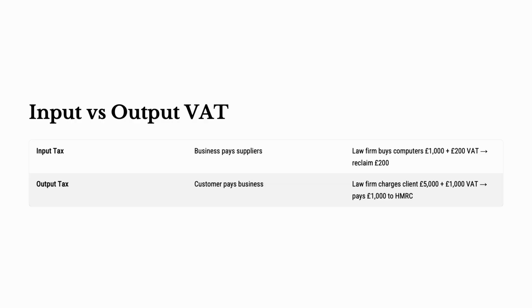So you get to reclaim that input VAT. This is the whole point of the VAT system, if you are just working in your SQE exam. It's designed so that VAT is only paid once by the final consumer, even though it passes through multiple business-to-business transactions. So I hope you understand input and output, and how to calculate it.